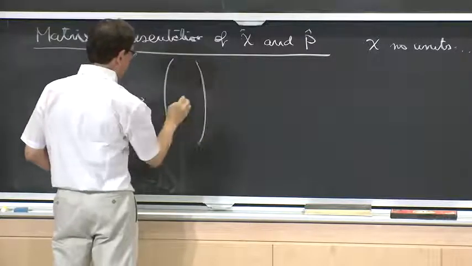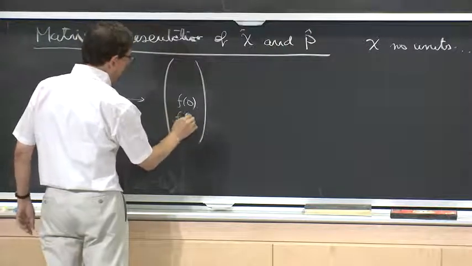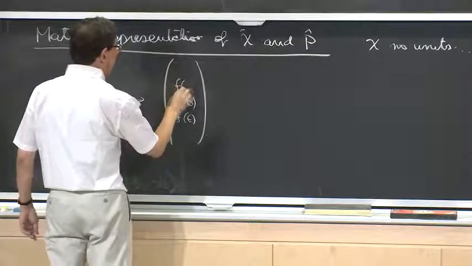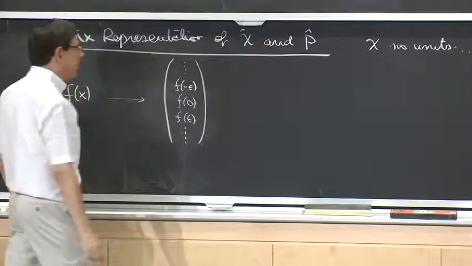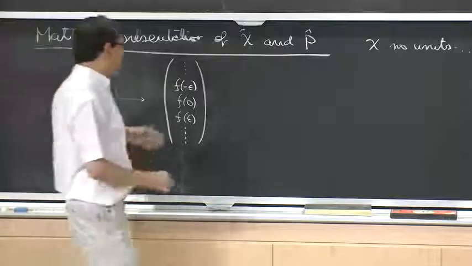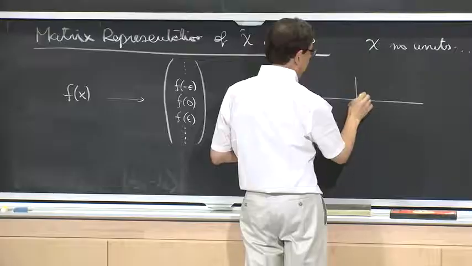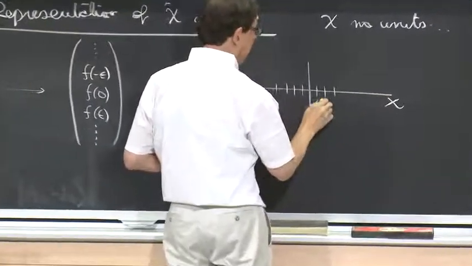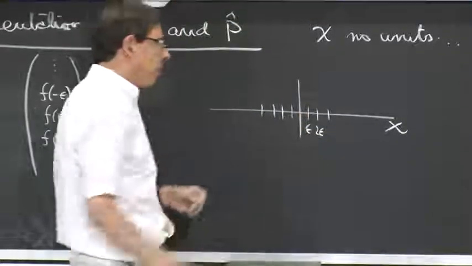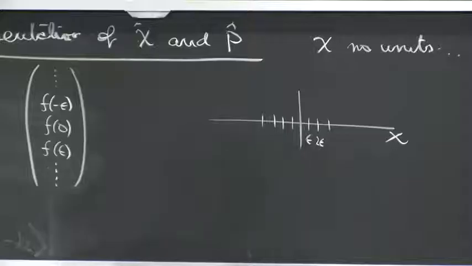It's a column vector, and I'll put f of 0 here in the middle, f of epsilon, f of minus epsilon, all the way down and up. So we're talking about thinking of this function by giving its values on the x-axis at intervals of length epsilon. And that's how we construct a column vector.